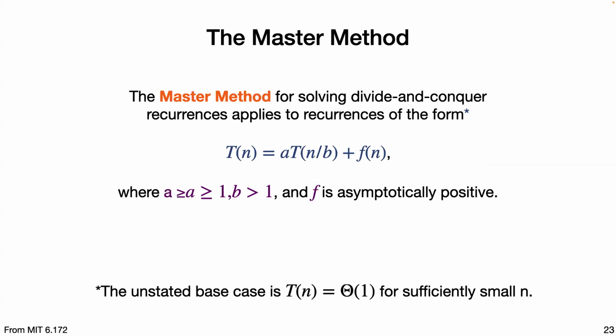Given recurrences of this form, T of n equals a times T of n over b plus f of n, it gives you a closed form solution as a function of a, b, and f of n. This should say, this is a typo, it should be a at least 1, b greater than 1, and f is asymptotically positive. And there's a base case, T of n is theta 1 once you get sufficiently small n.